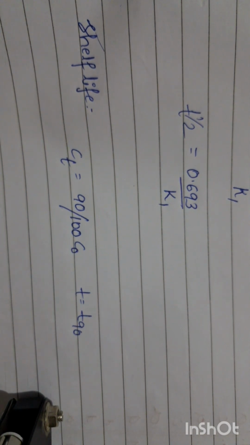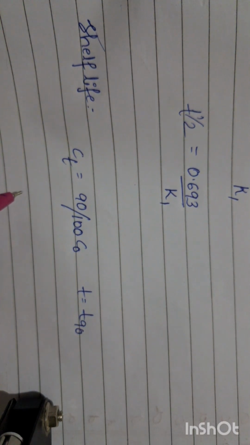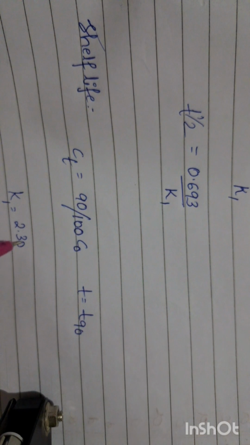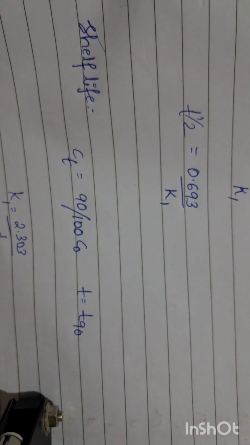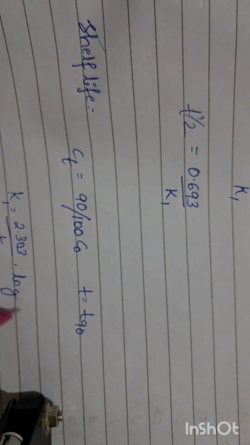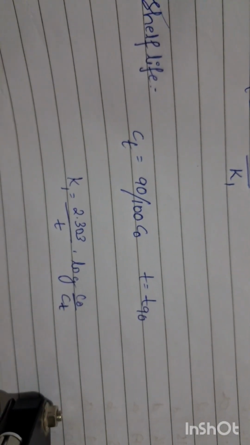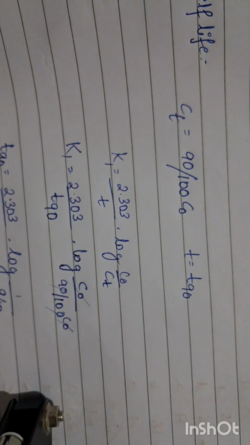We substitute these values in the formula K1 is equal to 2.303 by T into log C0 by Ct.